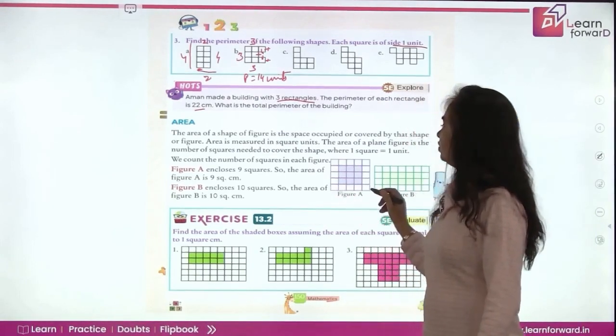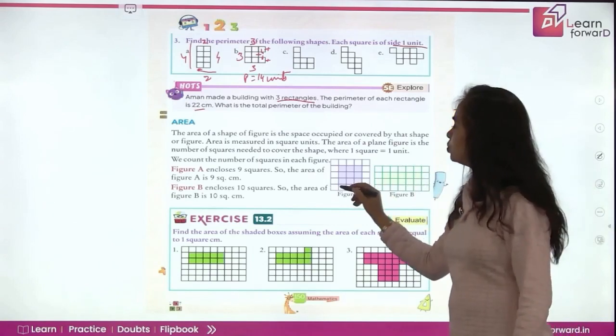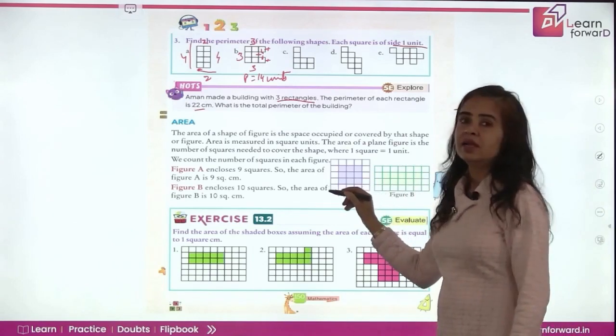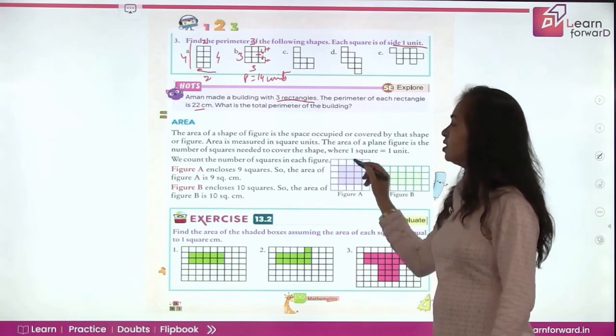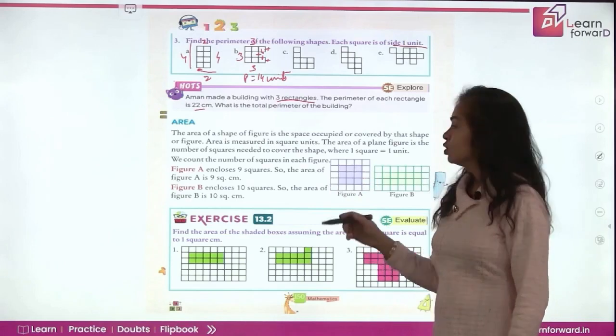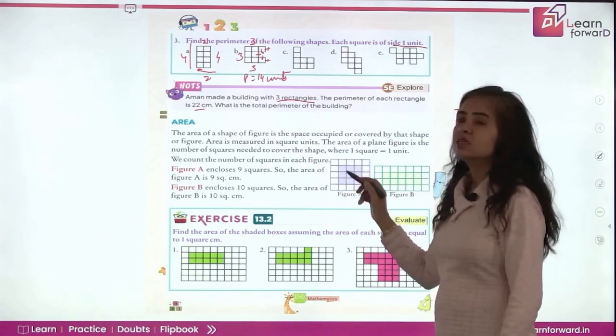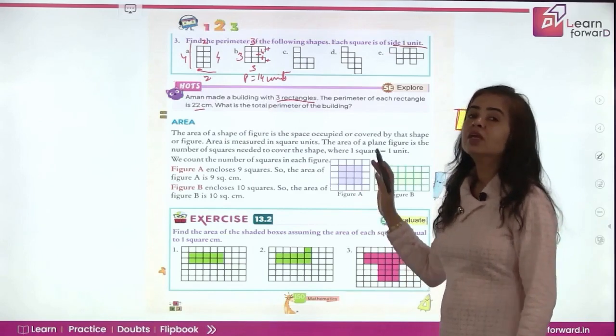So if you have this shape, how do you find the area? We divide this into smaller squares and we say that this shape is occupied by how many small squares? Count them. 25. So the area of this figure is 25 squares, right? Square units.